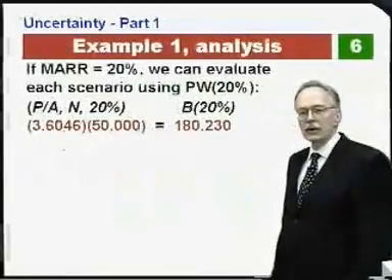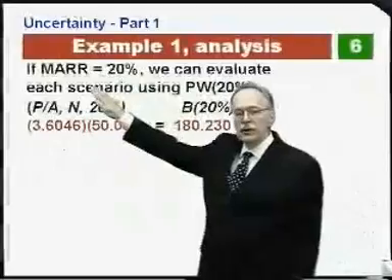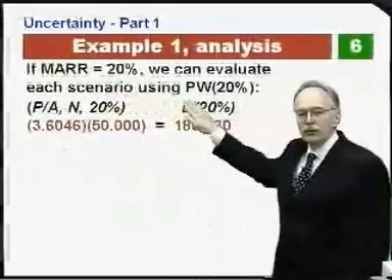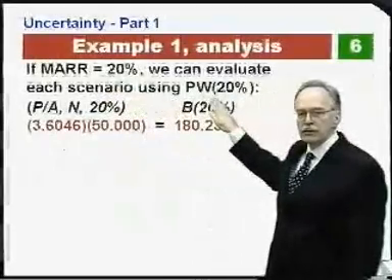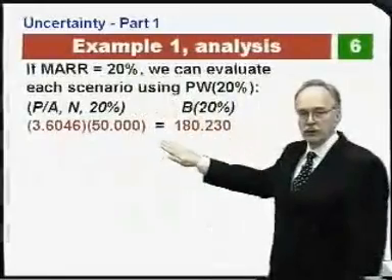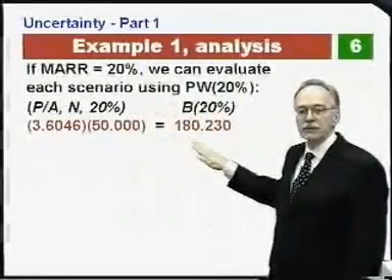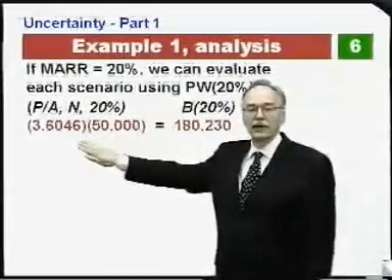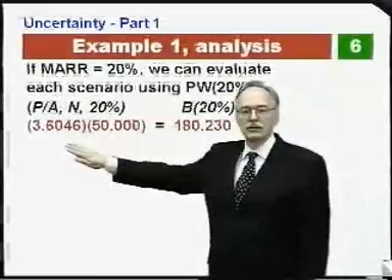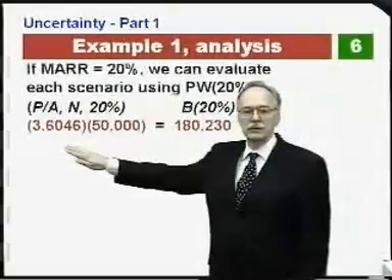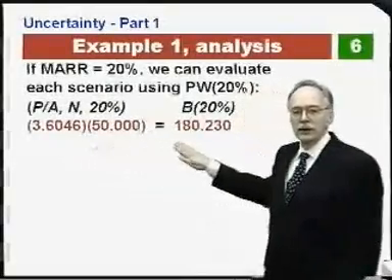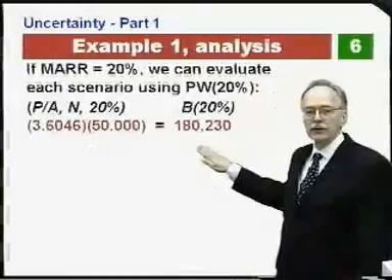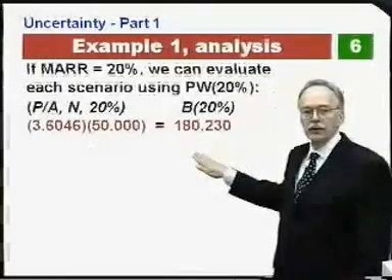So we can go ahead and use a minimum attractive rate of return of 20%, compute the present worth for each one of these scenarios. Here we're computing the present worth of the cash inflows. For the pessimistic scenario, that's $50,000 per year, lifetime of 7 years, so the series present worth factor is based on n equals 7. That gives us a present worth of the inflows of $180,230.